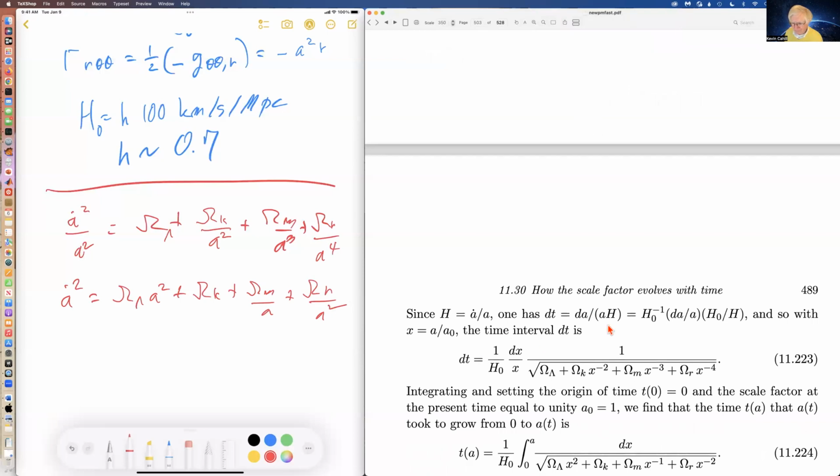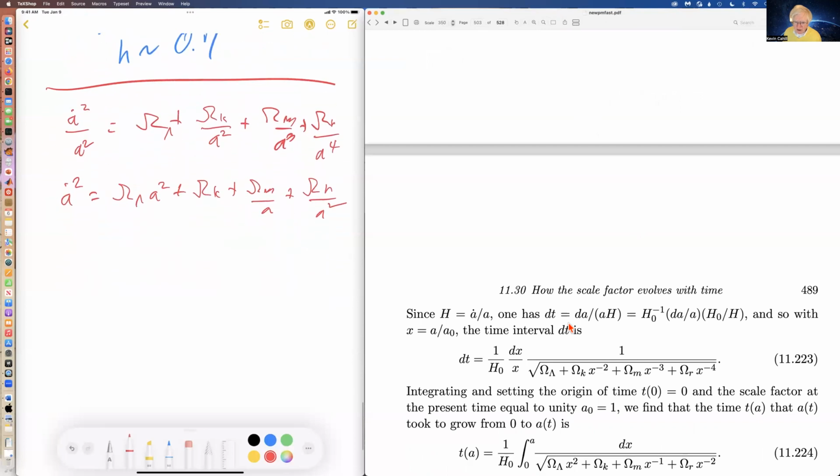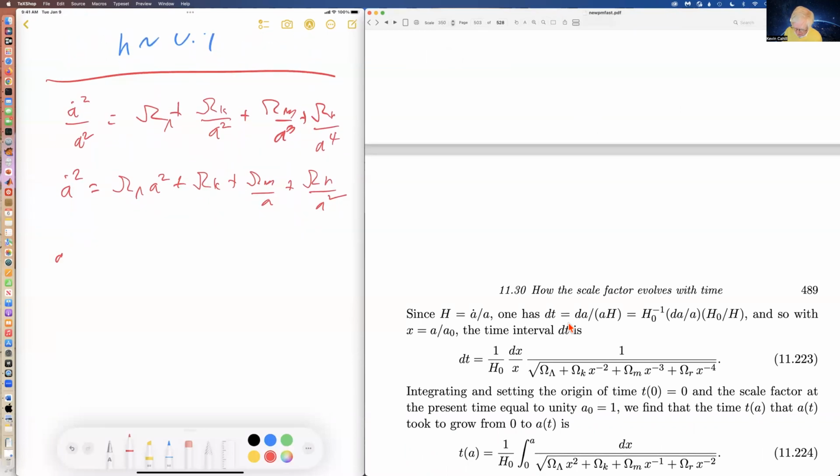And you then say, well, a dot is dA dt, and so you can rewrite that as dA over, well, what one writes it as is this over A times H, and that's of course because this is dA over A dA dt.